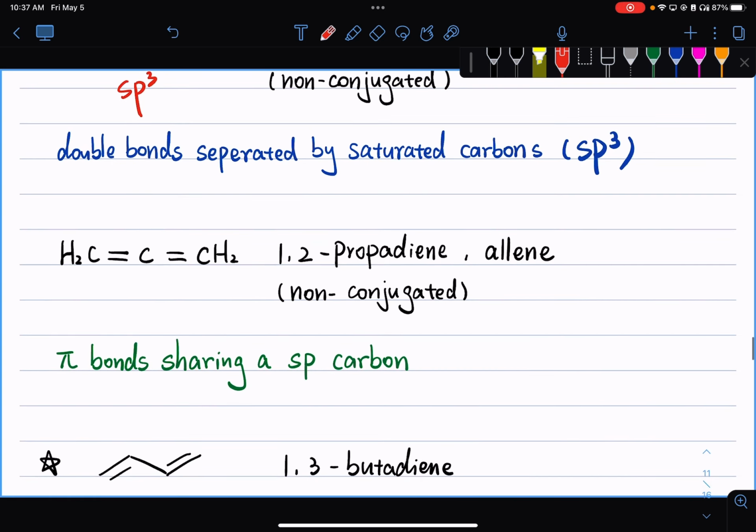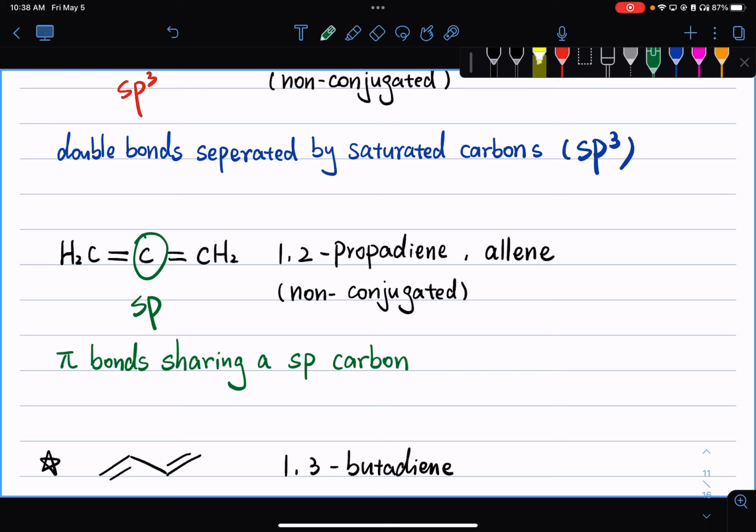We can also have a second class where the pi bonds share one single sp carbon. That's a single sp carbon being shared between two different double bonds. These are called allenes, so 1,2-propadiene, or allene.